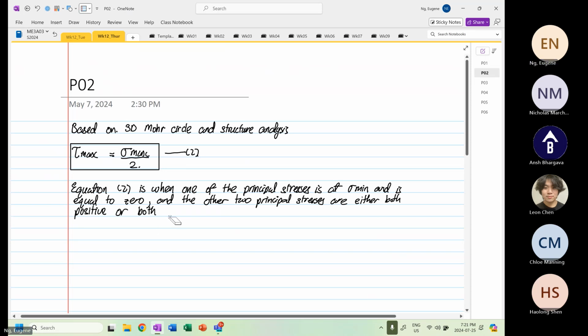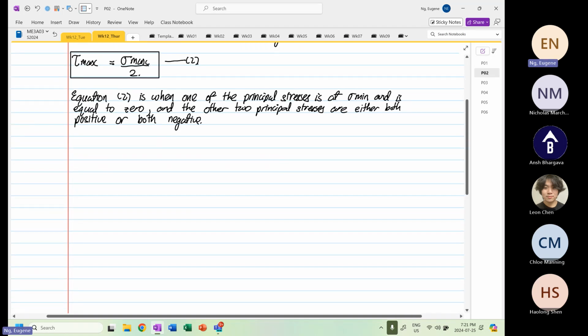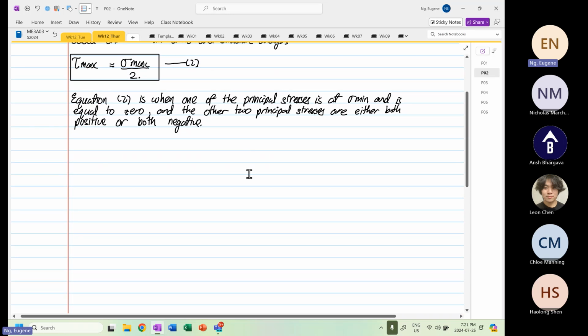It's either both are positive or both are negative. So let me elaborate on this. It can look pretty confusing.